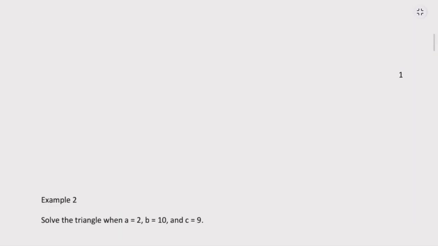All right, another example. So this would be, I have A, B, and C. I've got the three sides. So it doesn't really matter which one I use because I'm going to have to solve for a cosine of an angle.